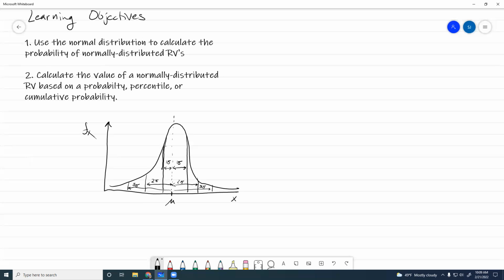The idea of using sigma as a metric, how many standard deviations you are away from the mean, can give us some information about how extreme an observation is.